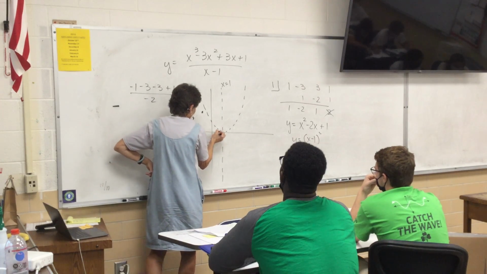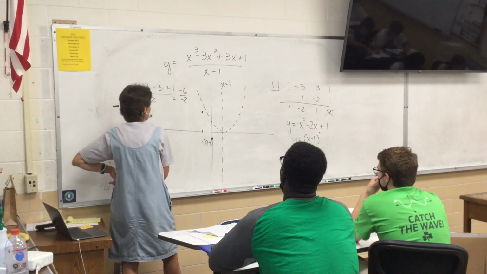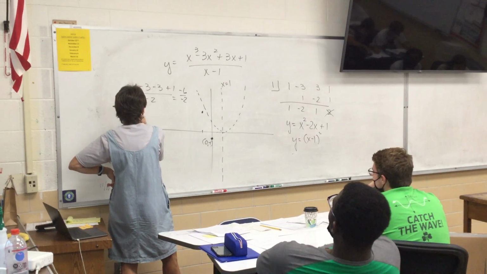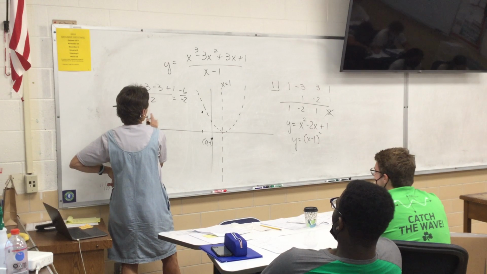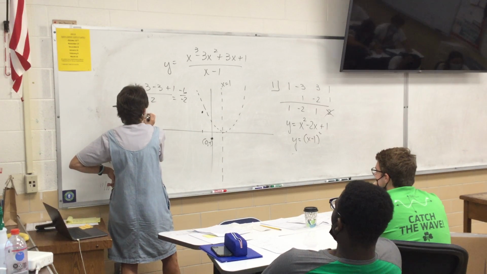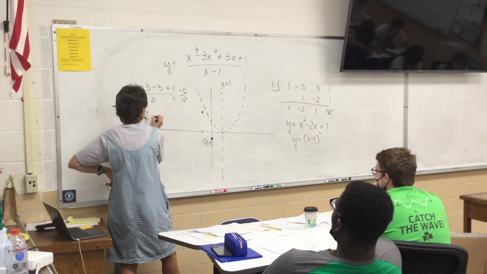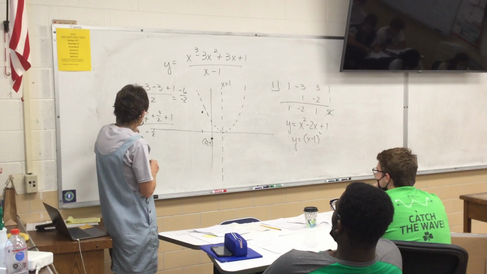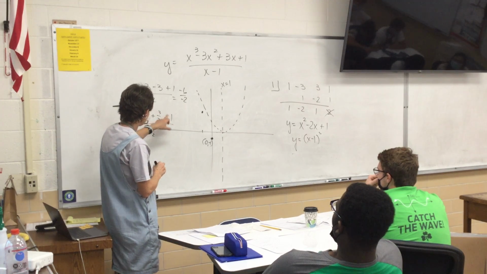I need to know what happens if I put in a number like 1/2. I'm really just interested in positive or negative, so it's going to be 1/8 minus 3/4 plus 3/2 plus 1 over -1/2. This is going to be positive over negative.